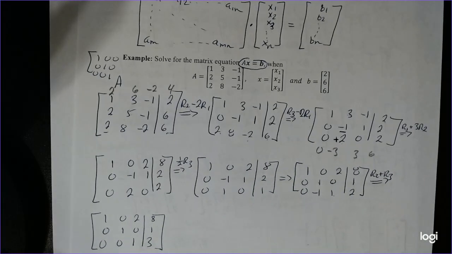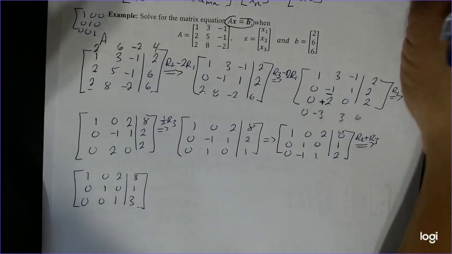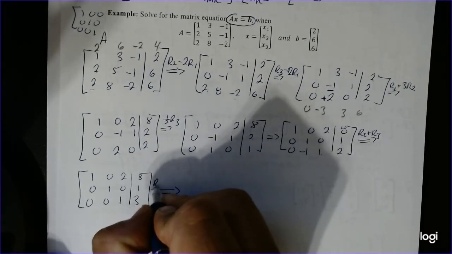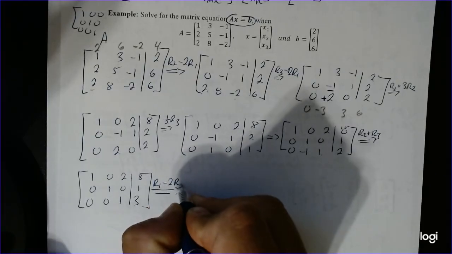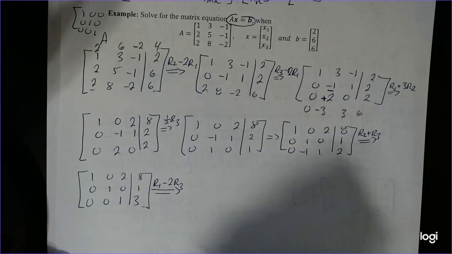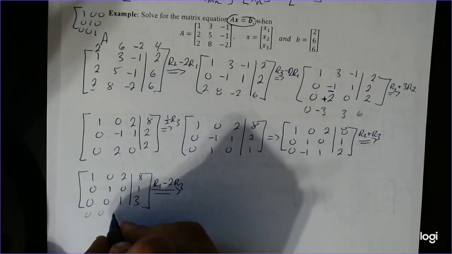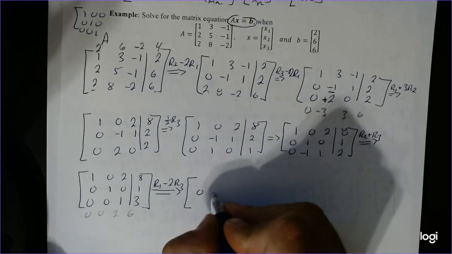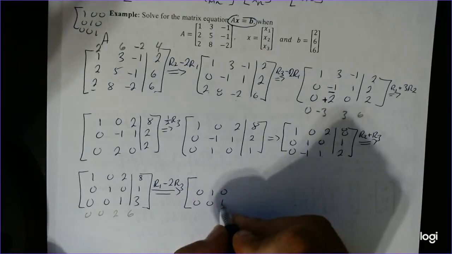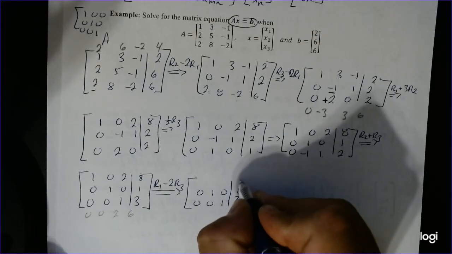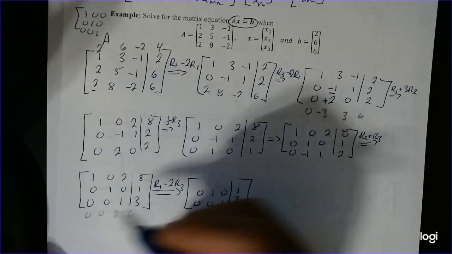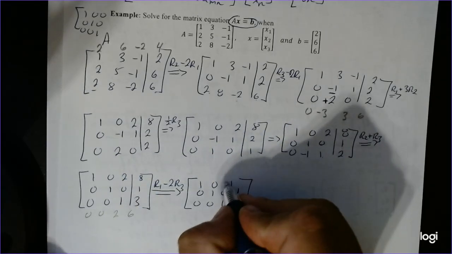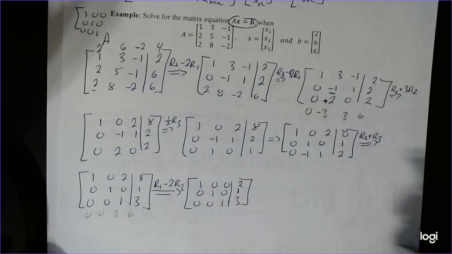Okay, now we've got 2 down, one more to go. It looks like row 1 minus 2 times row 3. So it's going to be 0, 0, 2, 6. 2 minus 2 is 0, 8 minus 6 is 2.